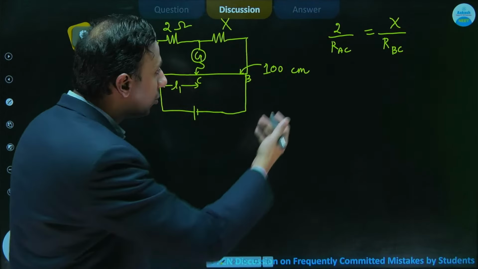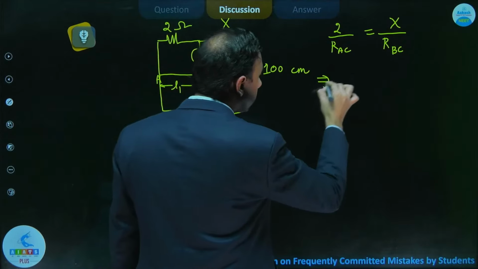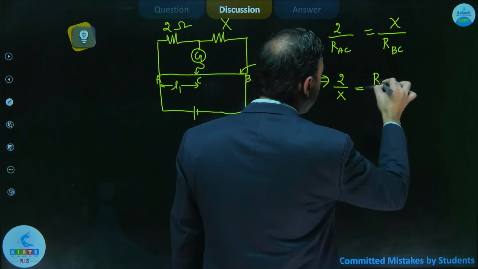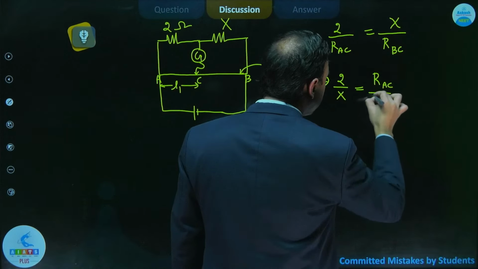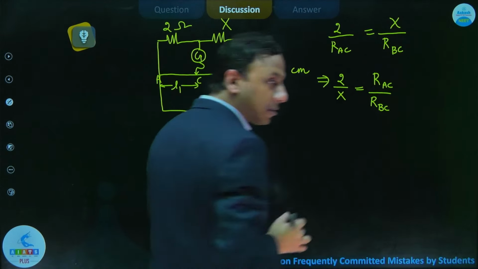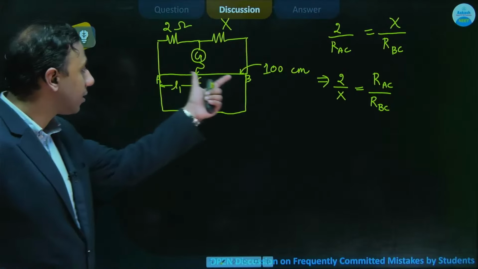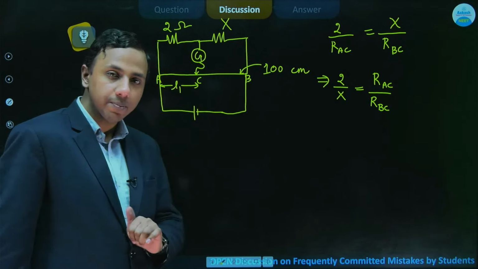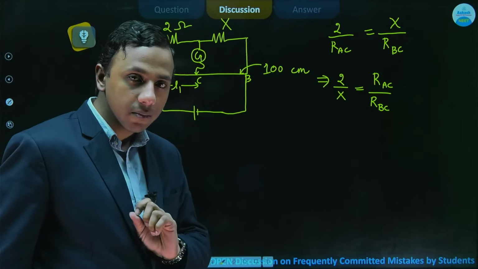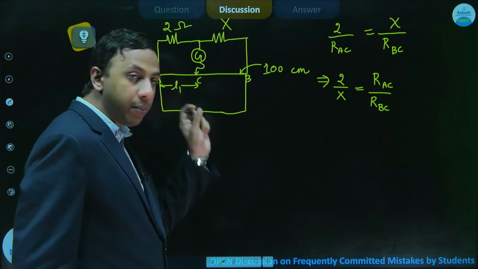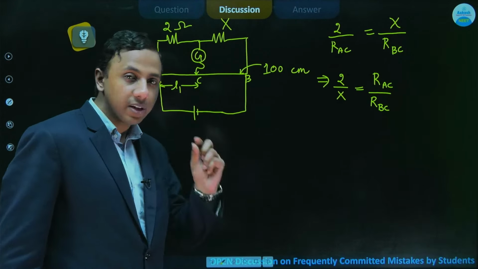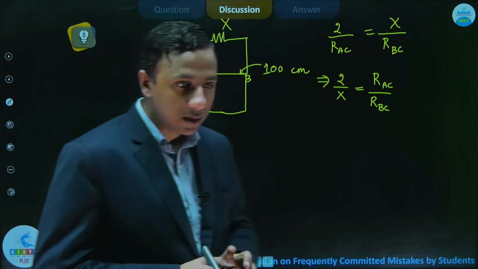If you want, you could have directly written it like this also: 2 by X is equal to resistance of AC by resistance of BC, because this is your simple wire from A to B. And for AC and BC, the area of cross section is the same, but the length of the wire is different. The resistivity is also the same.